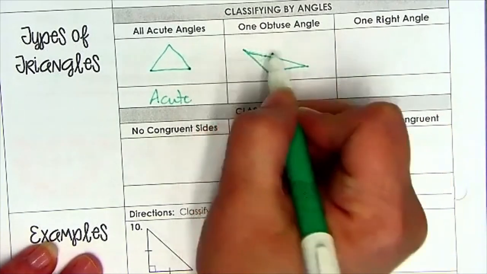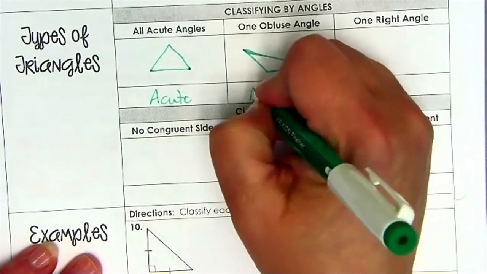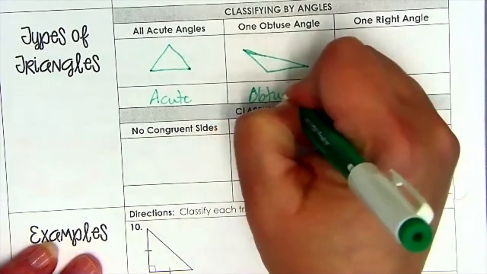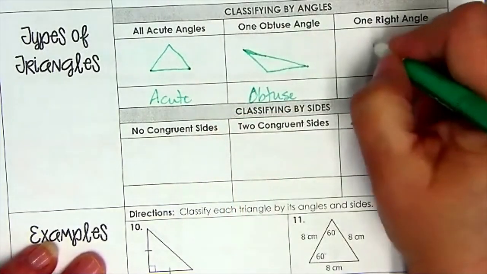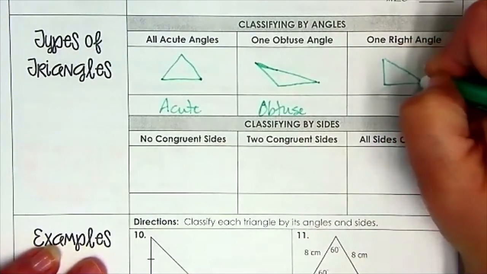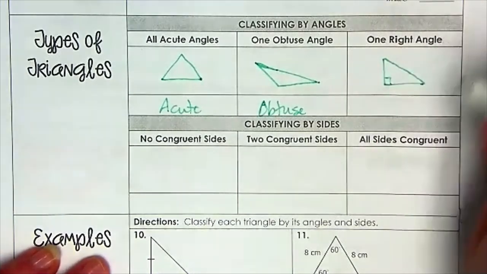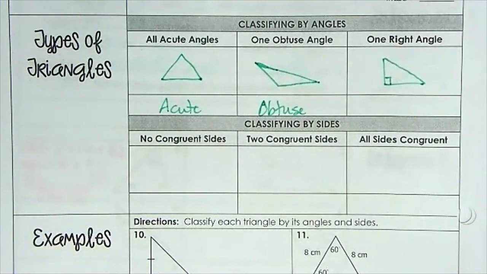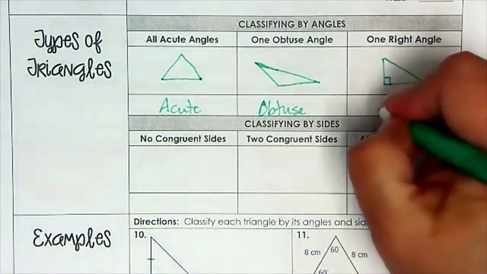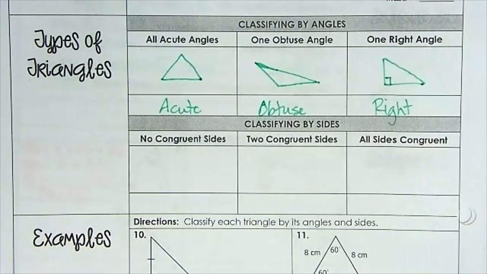That's a pretty pitiful triangle, but I'm not an artist. So this is obtuse. And then you have the right triangle, which is noted by the square or the box in the corner. And this is called right, or it would say it's 90 degrees.